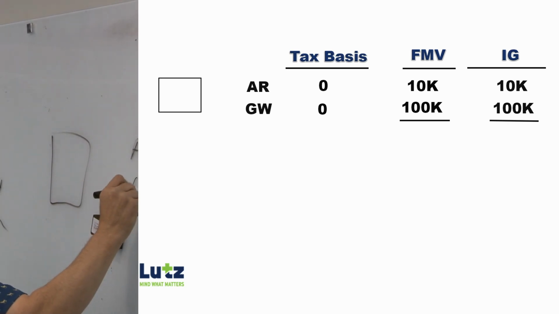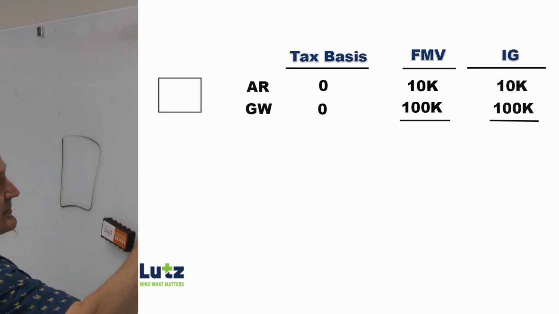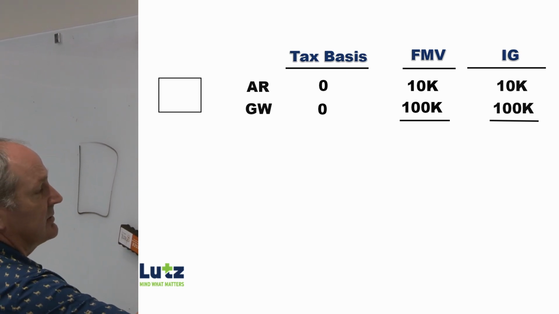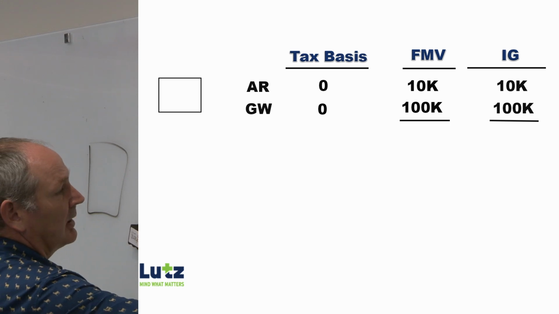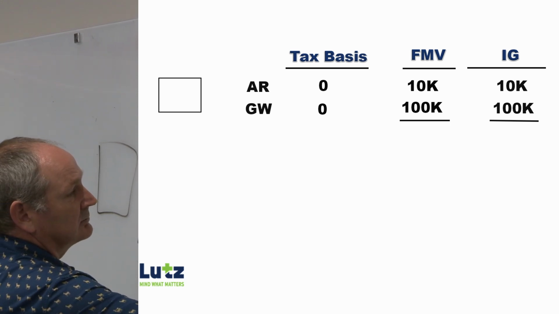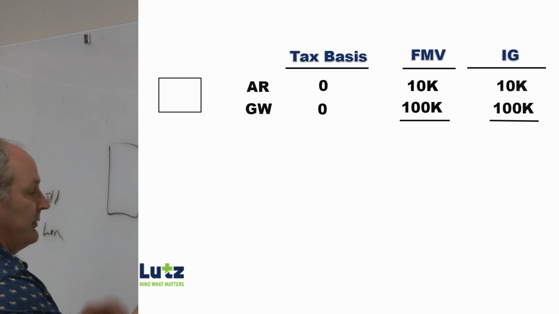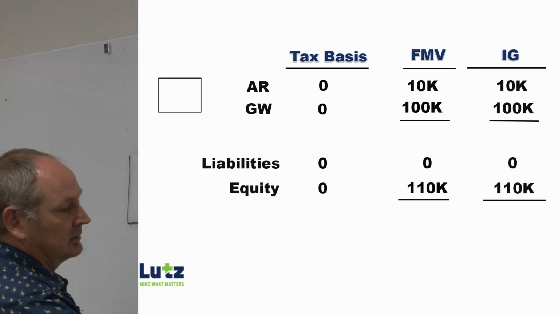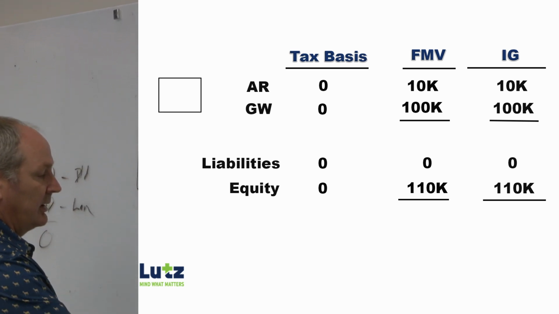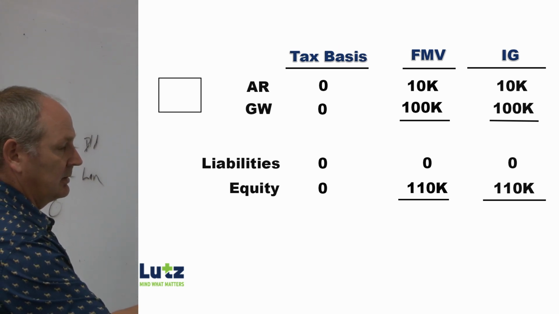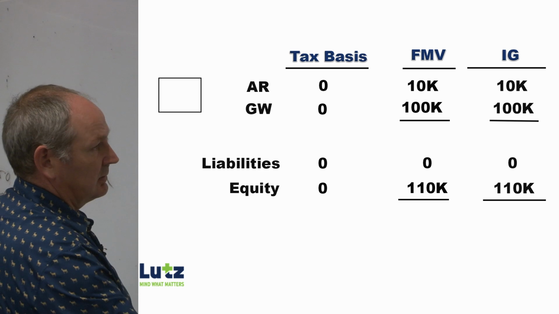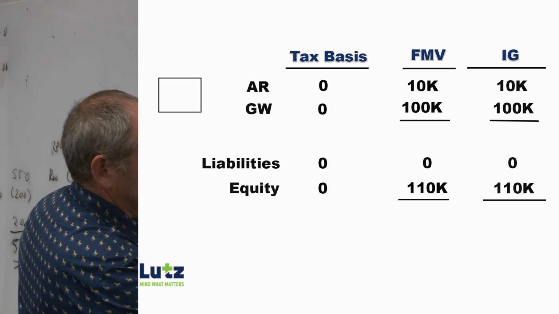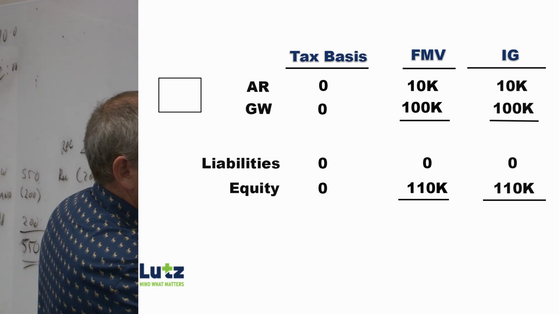We have goodwill with tax basis of 0, and we're going to say fair value is 100,000. And we have liabilities, 0, 0, 0. Equity, 0, 110,000, 110,000.